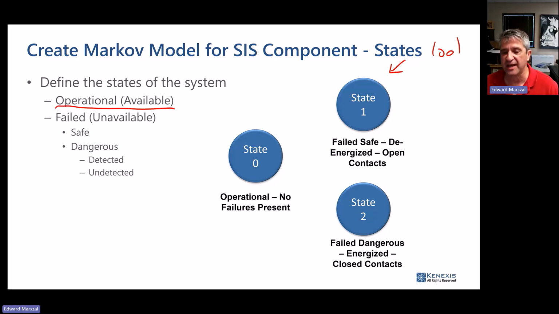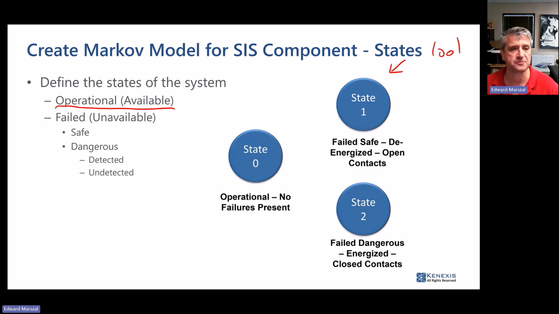Because then you need to say, okay, in a 1 out of 2 vote, state 0 is when both of my devices are operational. State 1 could be the A device failed dangerous. State B could be device 1 and 2, or A and B, are both failed dangerous.